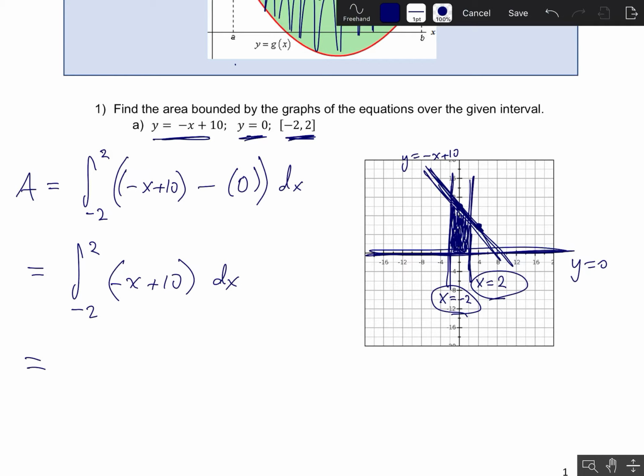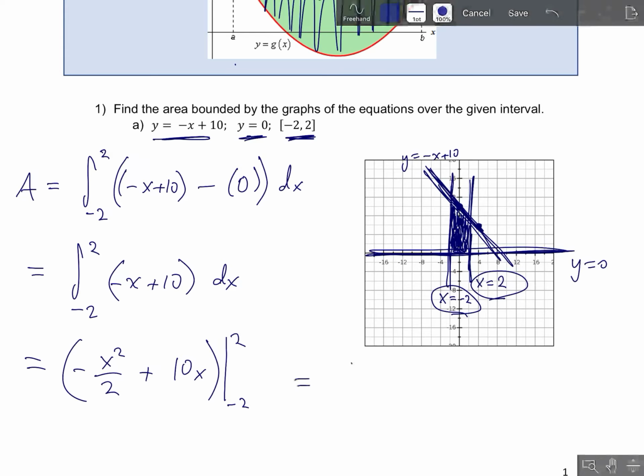dx. Now I can integrate this term by term. The integral of negative x turns into negative x squared over 2, because I increase the power by 1 and then divide by the new power. I do the same thing to the 10, so the antiderivative of 10 will be 10x. Now that I've taken the antiderivative, I'm evaluating from negative 2 to 2. That means I should plug in a positive 2 and then subtract what we get whenever we plug in the negative 2.